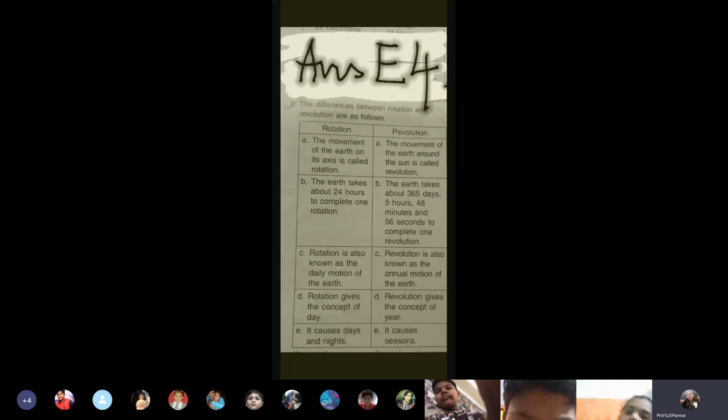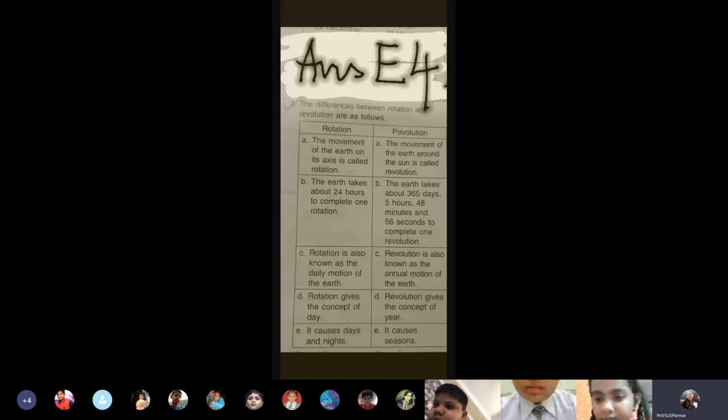Second point, the Earth takes about 24 hours to complete one rotation. Second point for revolution, the Earth takes about 365 days, 5 hours, 48 minutes, and 56 seconds to complete one revolution. Rotation, third point. Rotation is also known as the daily motion of the Earth. Revolution, third point.